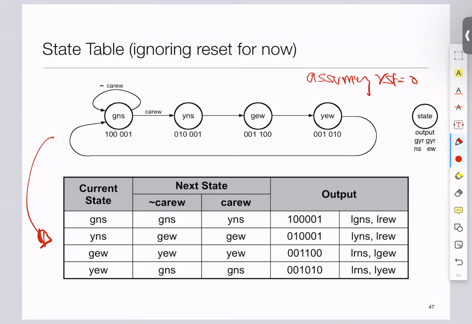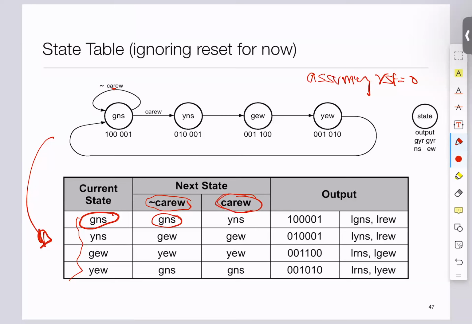So I have 4 possibilities of the current state, and then I have only one input, car east-west. So if car east-west is 0, or if car east-west is 1, depending upon that, my next state is decided. For example, if I am in GNS and car east-west is false, then I stay in GNS.